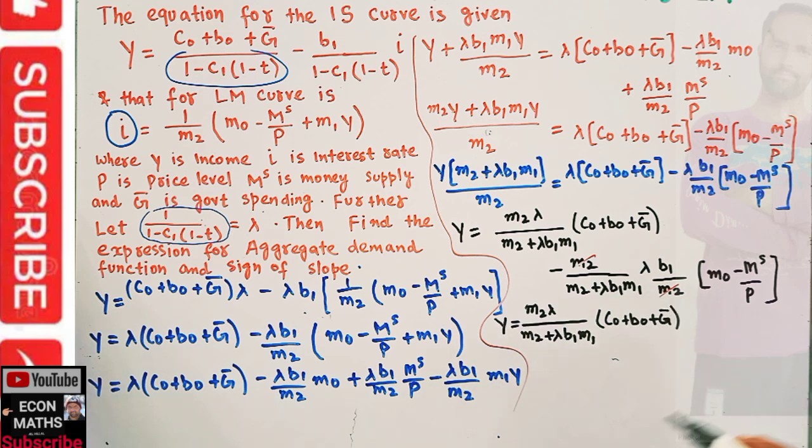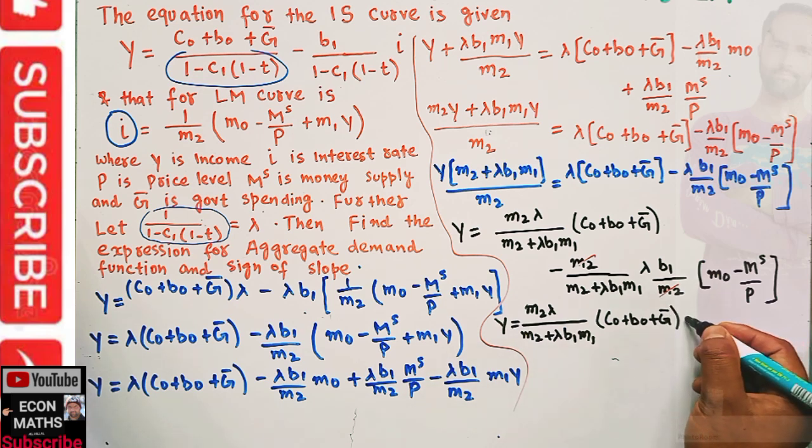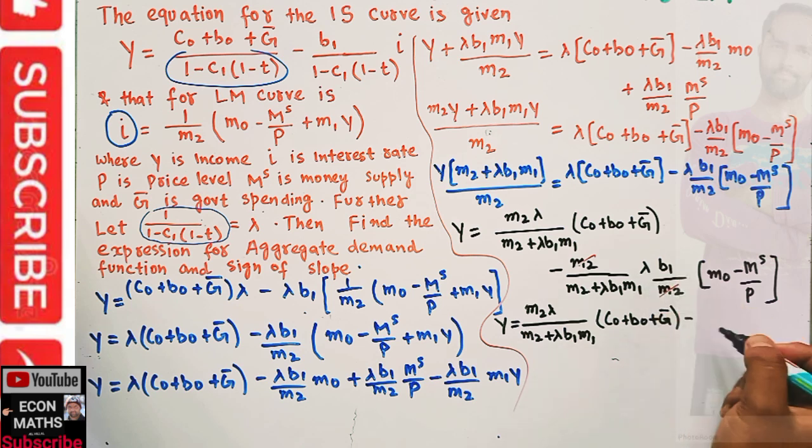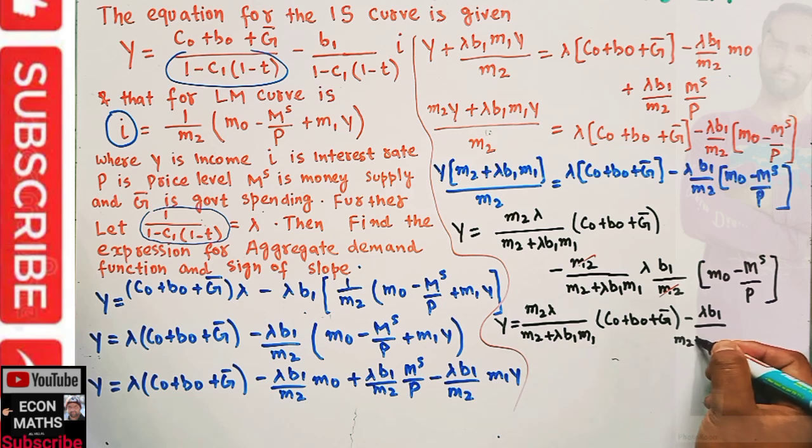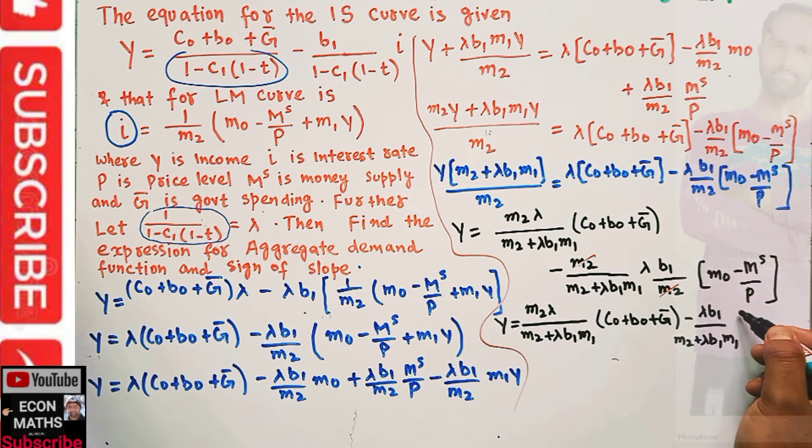Then we have minus this lambda b1 upon again this m2 plus lambda b1 m1, and this term (m naught minus ms) upon p.